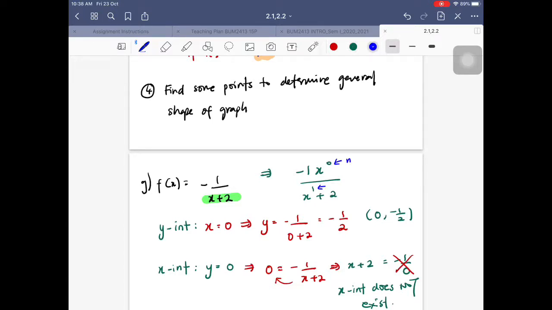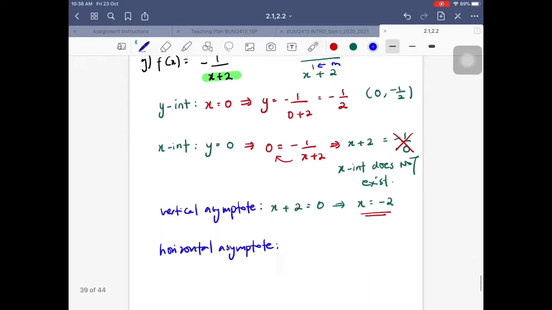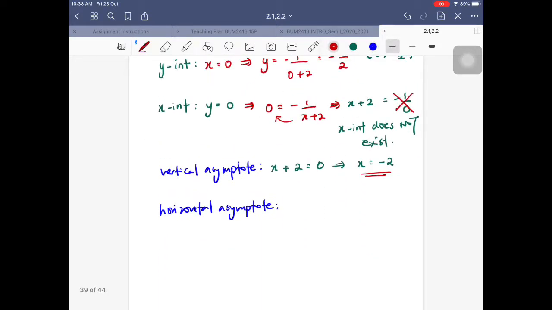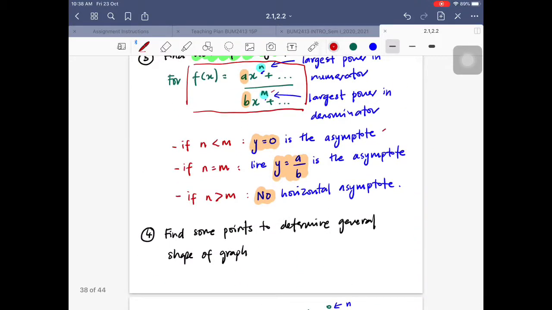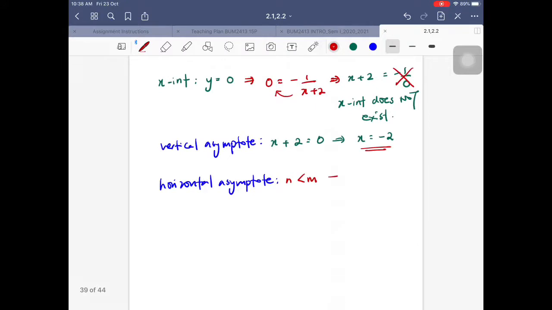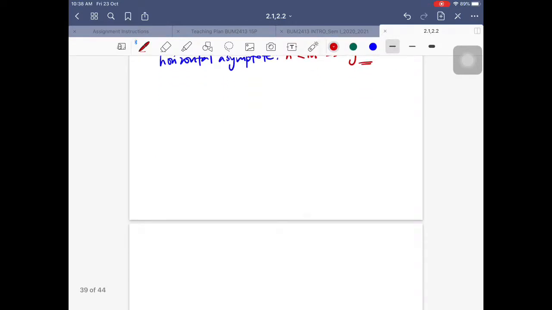So basically my n value is equal to 0 and my m value is equal to 1. So my n value is less than m. According to the rule, if n is less than m, y equals 0 will be the asymptote. So therefore, my horizontal asymptote is going to be at y equals 0.